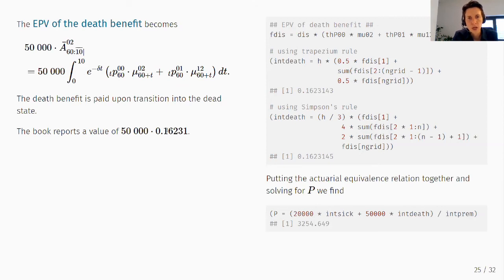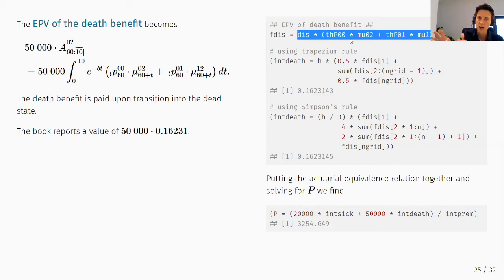If I write down the integral expression for the EPV of the death benefit, I get something like this. Once again, the value is reported in the book. We want to check this, so we put together the function that we numerically want to integrate, by evaluating this function over our grid. I've got my discount factors, my tp00, my intensity mu02, the tp01 and the intensity mu12.